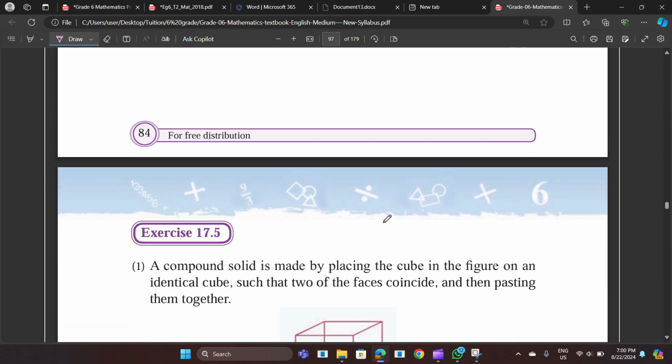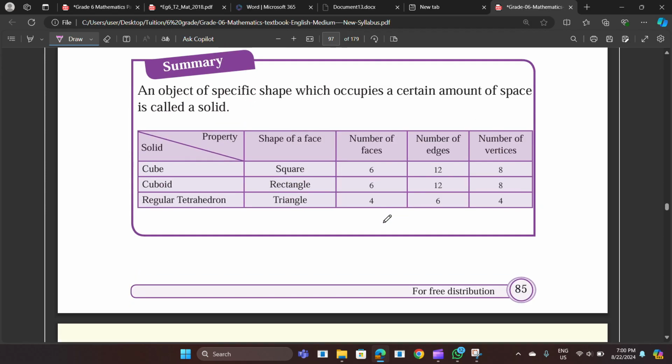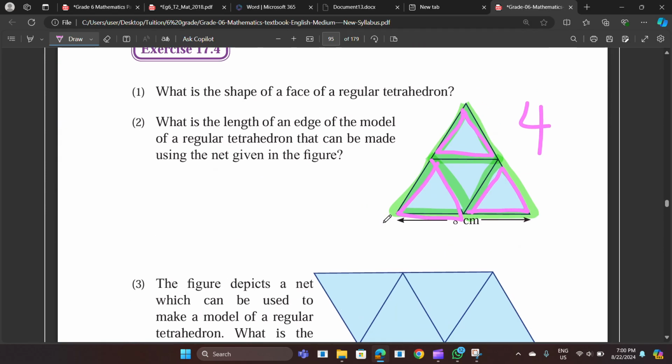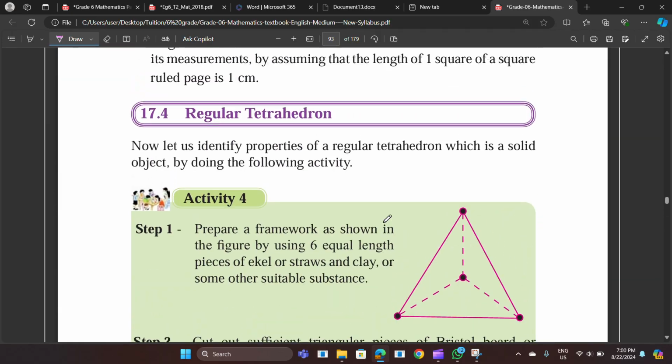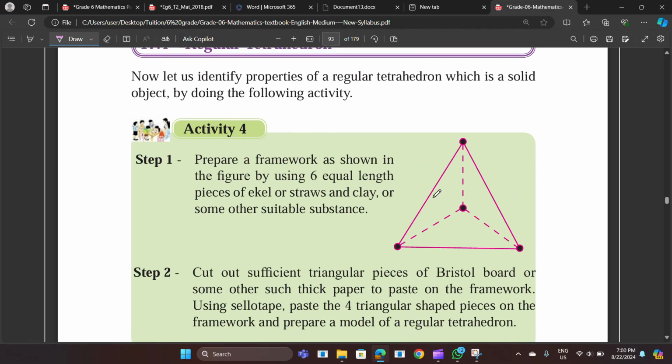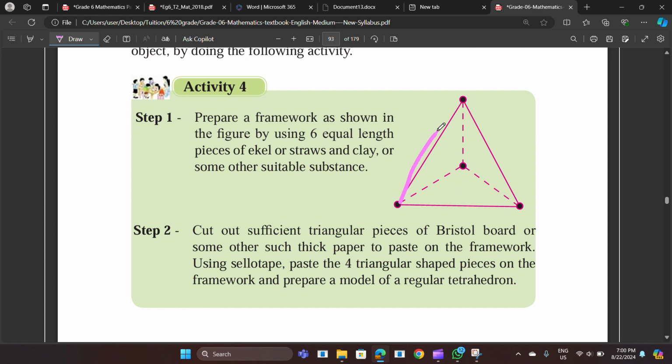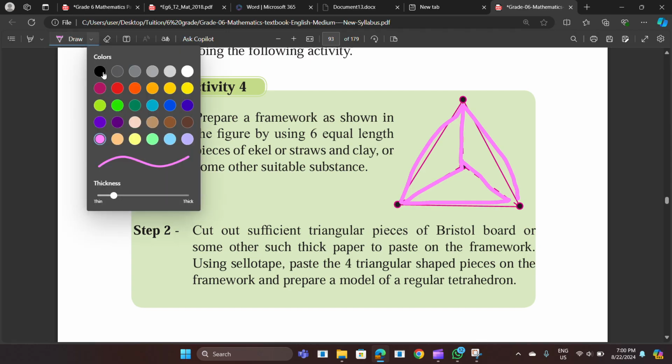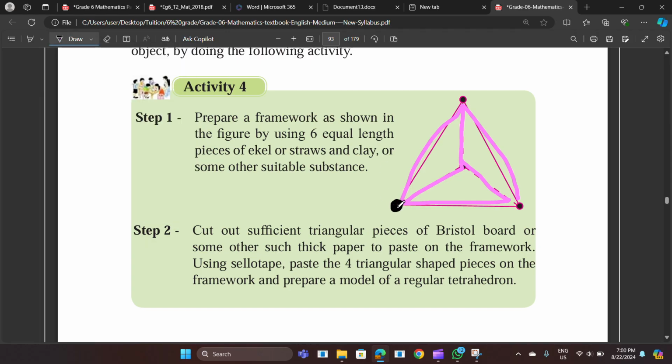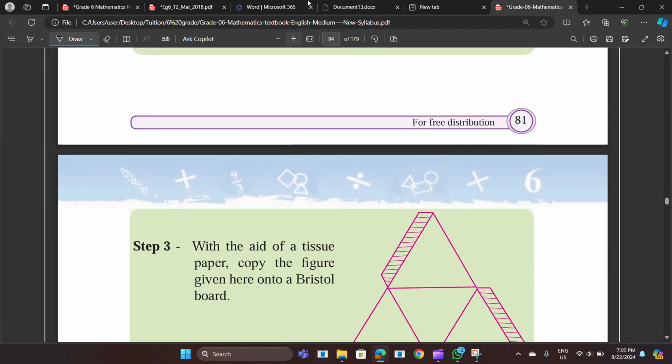In the regular tetrahedron, the edges: 1, 2, 3, 4, 5, 6. So a regular tetrahedron has 6 edges, and let's count the vertices: 1, 2, 3, 4. There are 4 vertices. Okay, let's move to the summary.